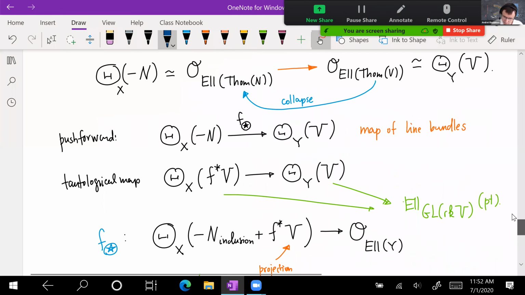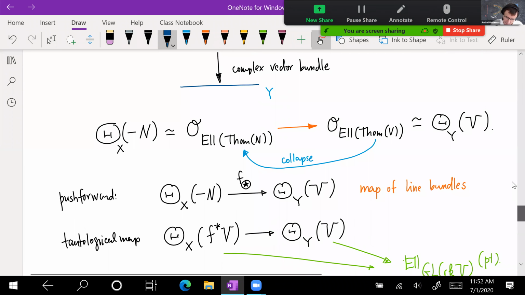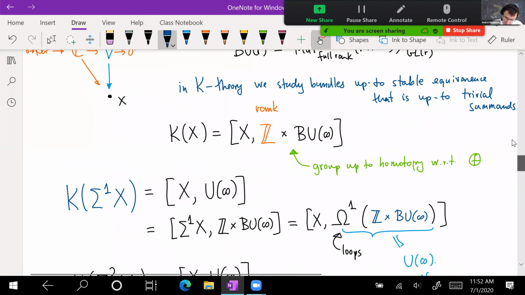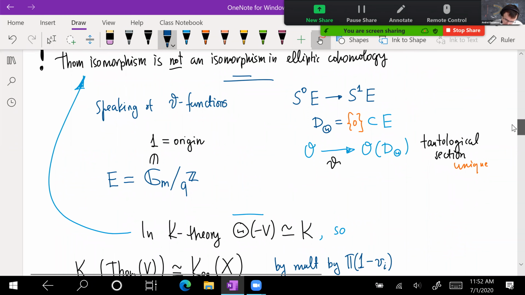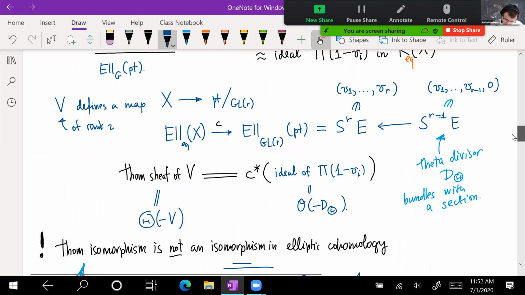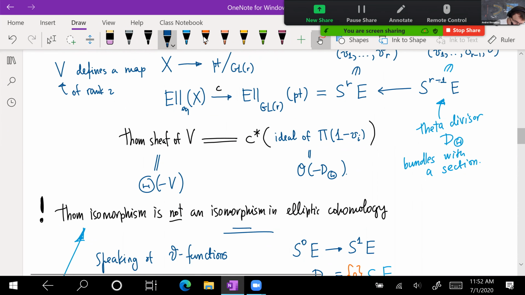So maybe we go all the way back. Is that this theta, so the theta of a direct sum is the product of the individual thetas.